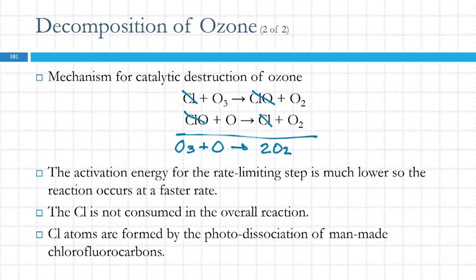Where do those chlorine atoms come from? Photodissociation of man-made chlorofluorocarbons. So, we used to put Freon in our air conditioning units, and Freon contains chlorine and fluorine, and it gets up into the atmosphere, and then energy from the sun causes it to dissociate and release fluorine atoms and chlorine atoms.